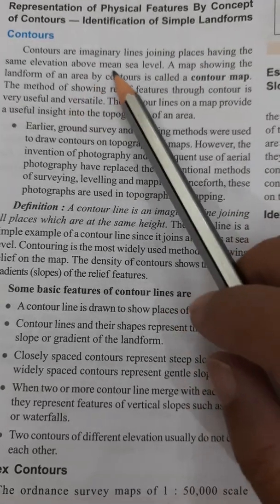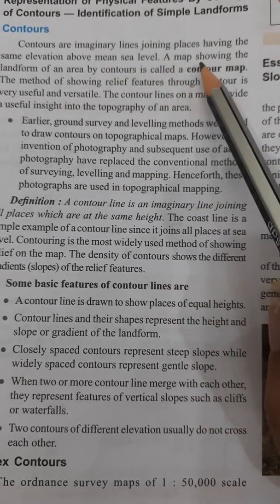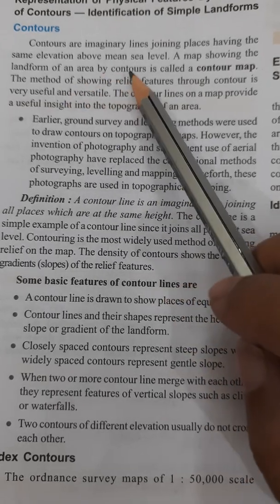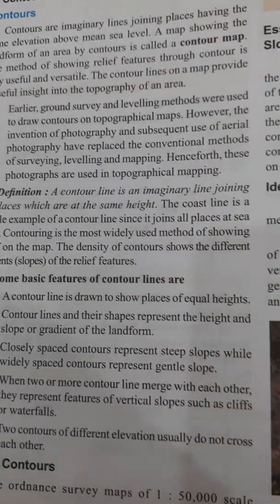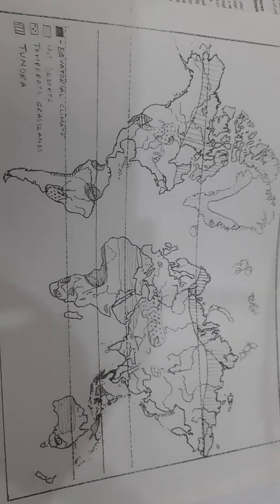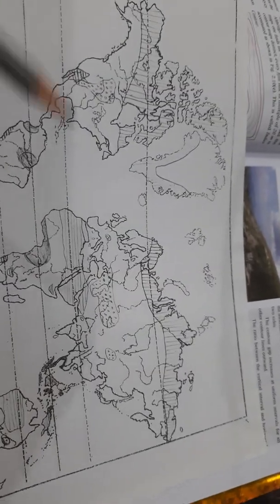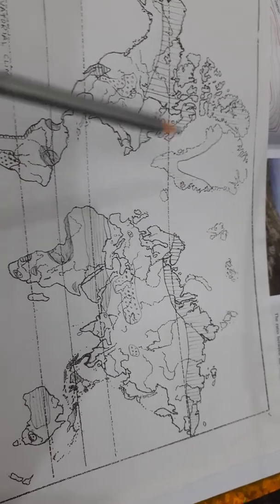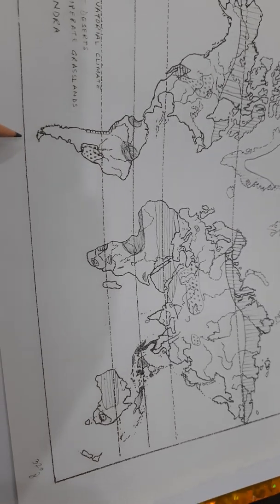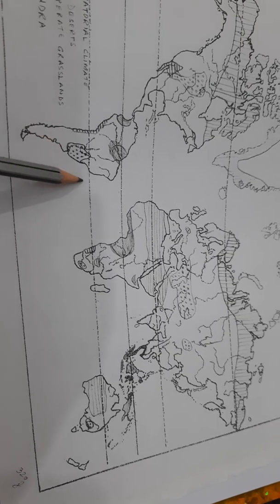So contours are imaginary lines joining places having the same elevation above mean sea level. According to that definition, if I look at the world map, the outlines of all the land masses, islands, these small islands, and the continents are all made at the sea level.